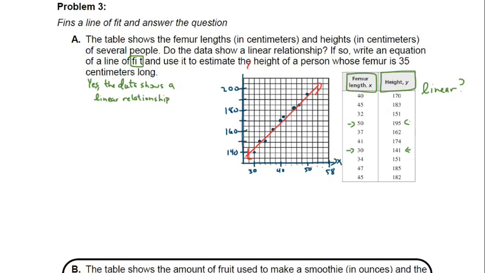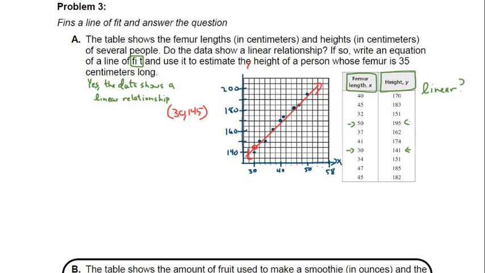And basically what I'm going to do from here is find two spots on the line. This one right here looks pretty close to 30, 145. So we're going to call that one 30, 145. That's going to be one of our points. And you just keep looking.